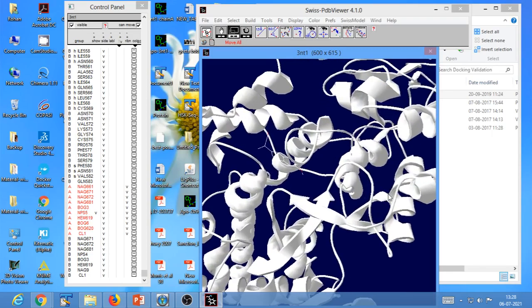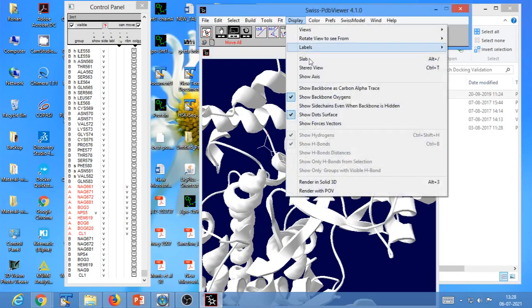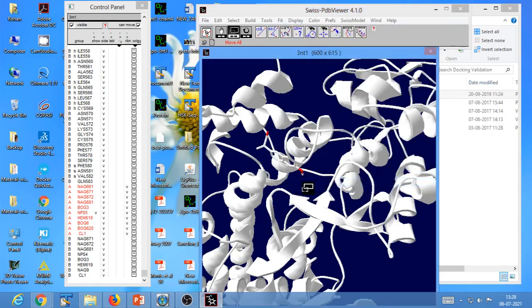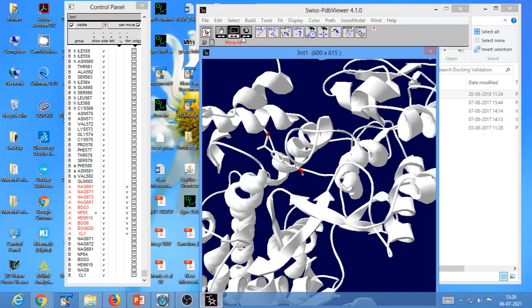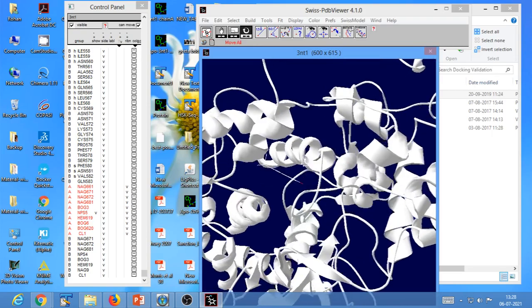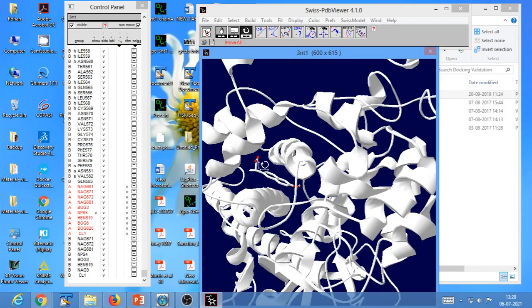Okay, here we go. Display, so 3D. Here, whatever you see in this stick representation is your inhibitor naproxen, which is in complex with your COX-2 molecule.